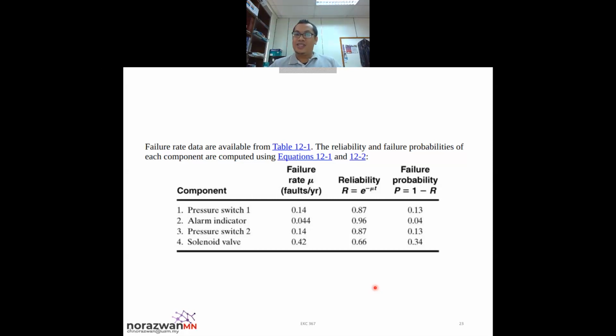Okay, Junki said that R is 0.48, P is 0.52, mu is 0.73, and MTBF is 1.361.